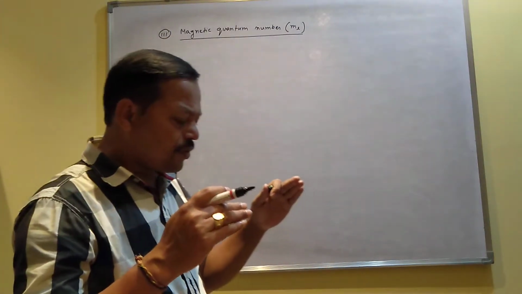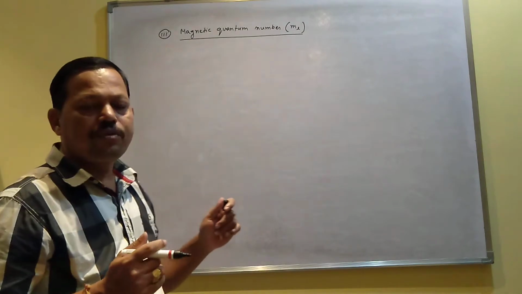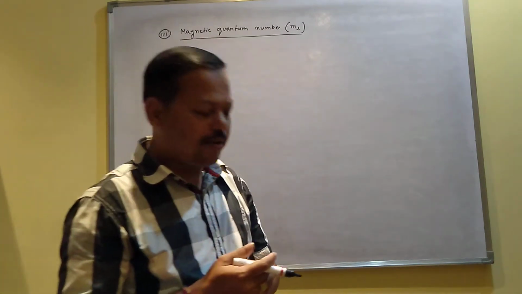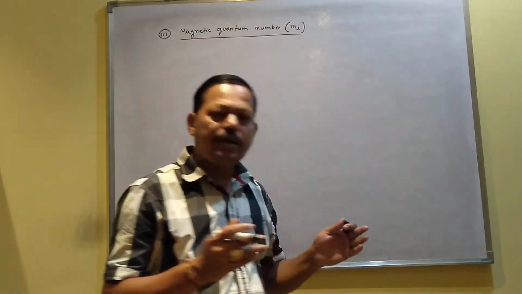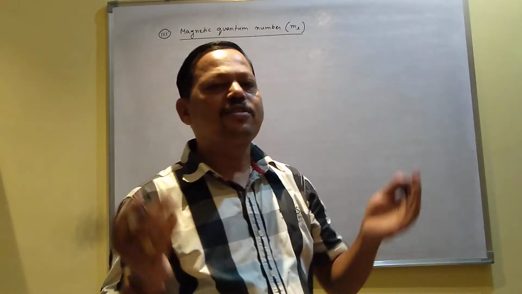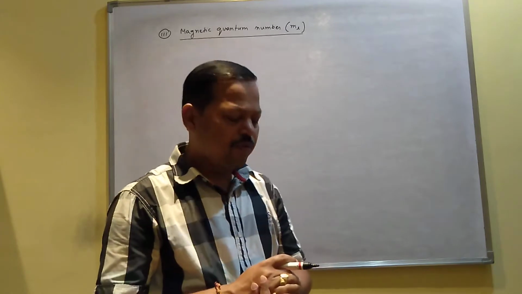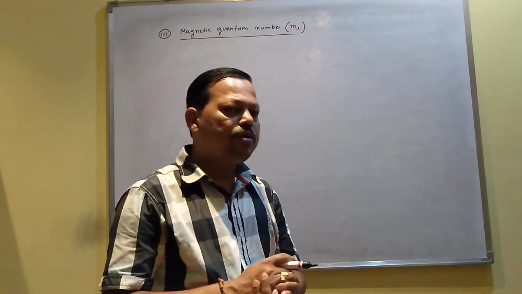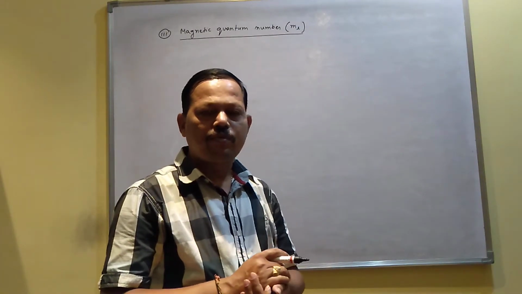So under the influence of an external magnetic field, the electron of a subshell can orient in a certain region of space around the nucleus.